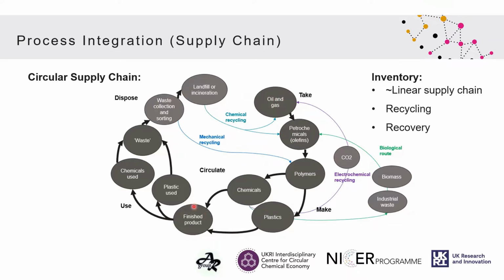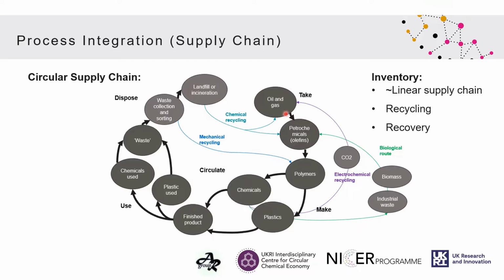So looking at the inventory, we will need practically the same as before, in a linear supply chain, but with the addition of recycling systems. Obviously, we will decrease the amount of landfill or incineration, or hopefully avoid it, as well as the extraction of oil and gas.